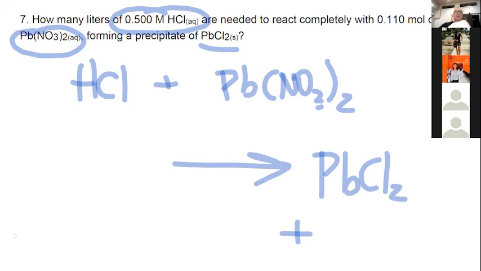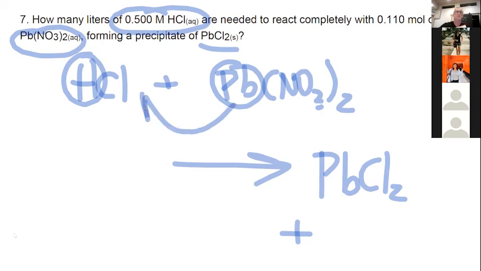Excellent, nitric acid. This is a double displacement reaction, so the hydrogen and the lead basically switch places. The lead goes to the chloride and the hydrogen goes with the nitrate. Then balance it.